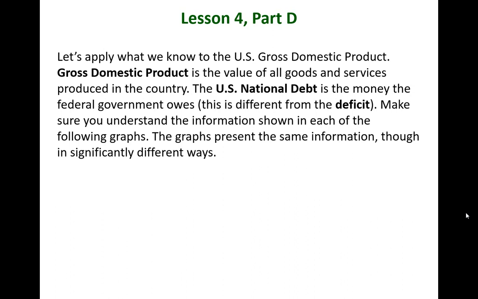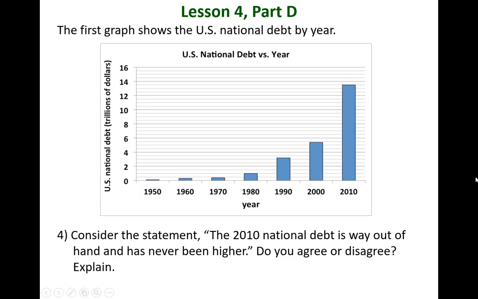Okay. Let's look at some information using graphs. The first graph shows the U.S. national debt by year. You can see back in 1950, look at this side. This is trillions of dollars. So in 1950, the national debt was well below $1 trillion. 1 trillion would be right here.